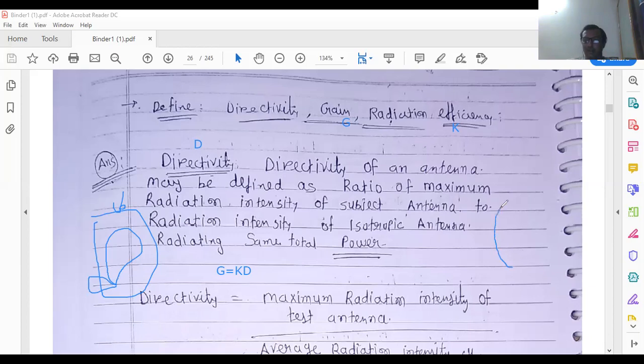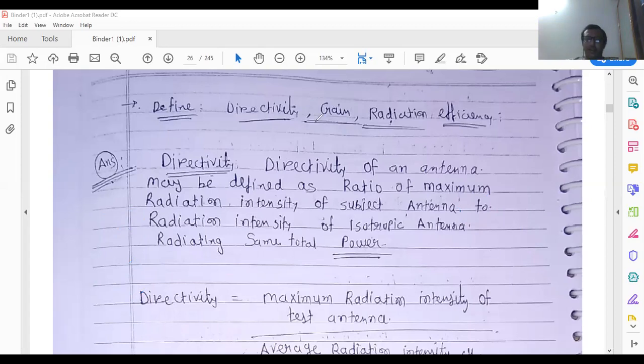This is the radiation pattern; at every point the angle is changed, a different angle each time. So power radiated from the antenna per unit solid angle is known as radiation intensity. Directivity is the maximum radiation intensity of the test antenna divided by the average radiation intensity of the isotropic antenna.